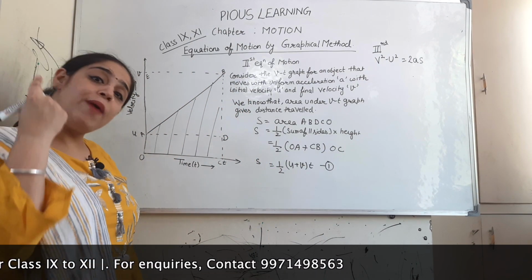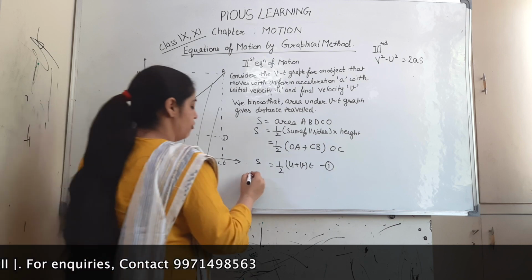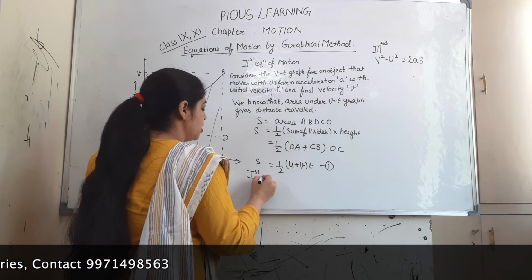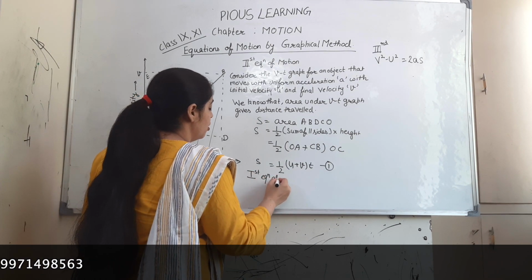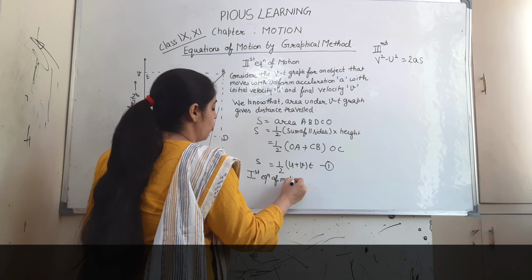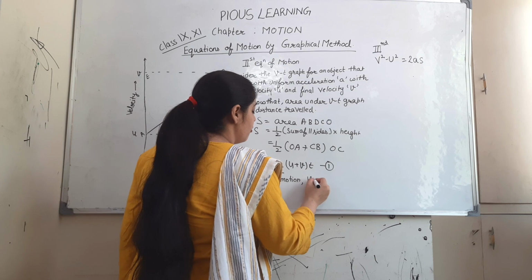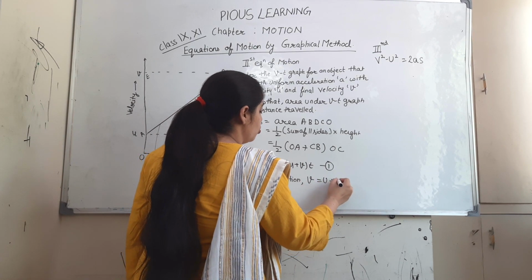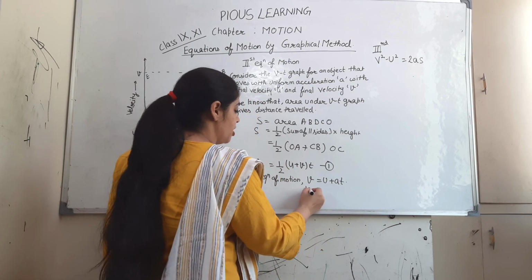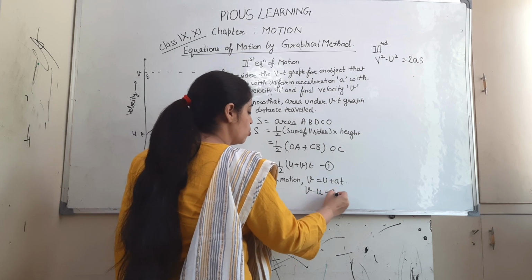Now go back to your first equation of motion. What does the first equation of motion say? According to the first equation of motion, V is equal to U plus AT, or V minus U is equal to AT.